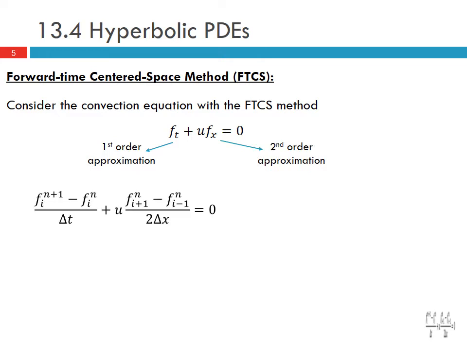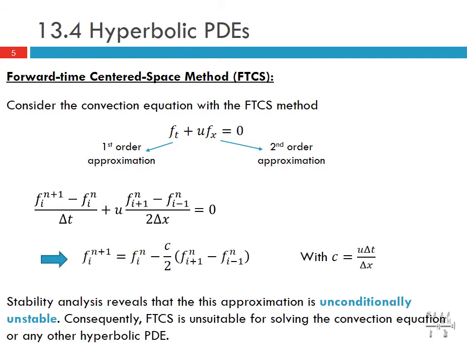So we get the expression shown here, and we can rearrange this where c equals u delta t by delta x is the convection number. Without going into the details, the stability analysis would reveal that this approximation is actually unconditionally unstable. So the FTCS is unsuitable for solving the convection equation and any other hyperbolic PDEs.